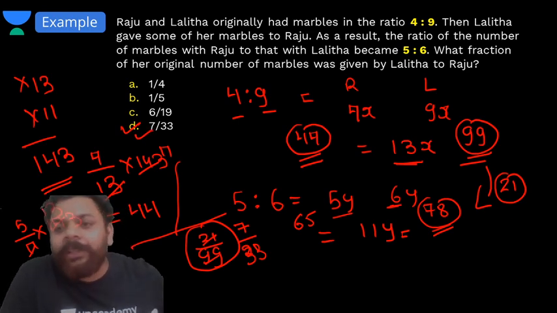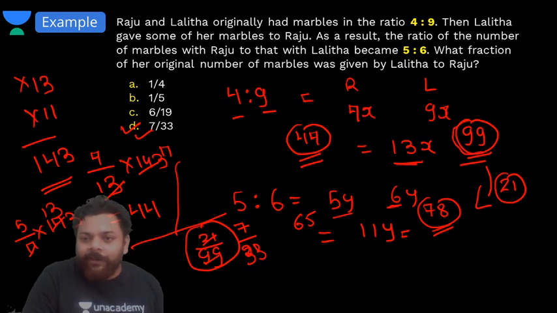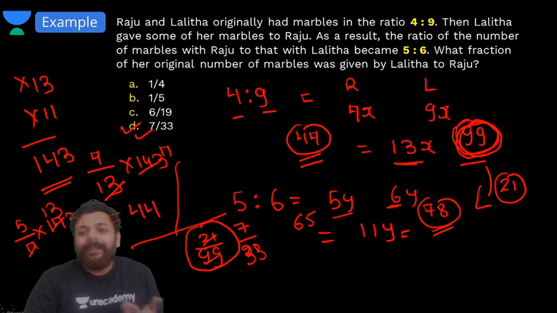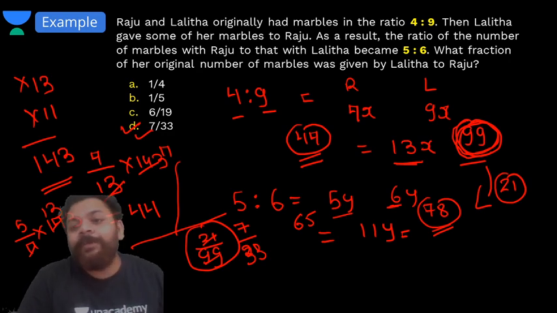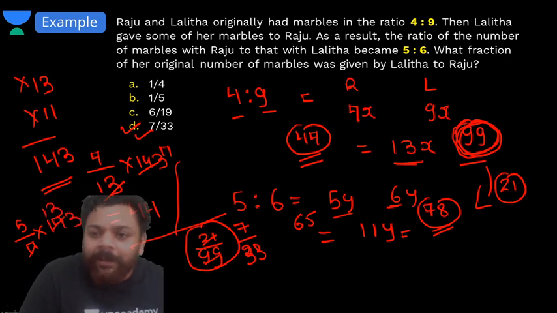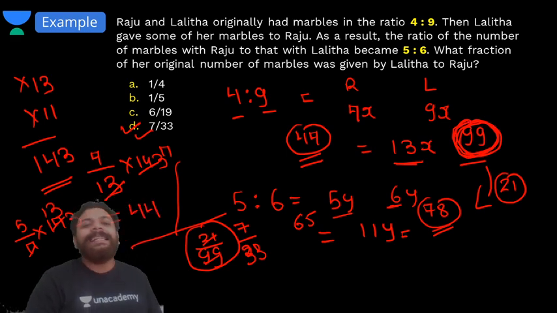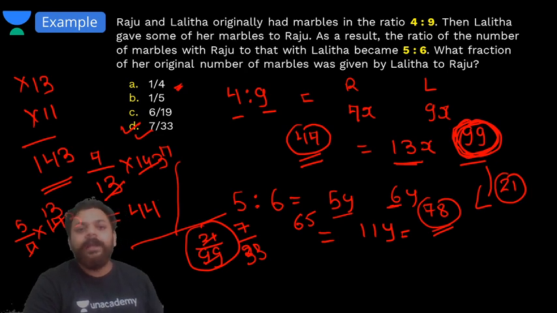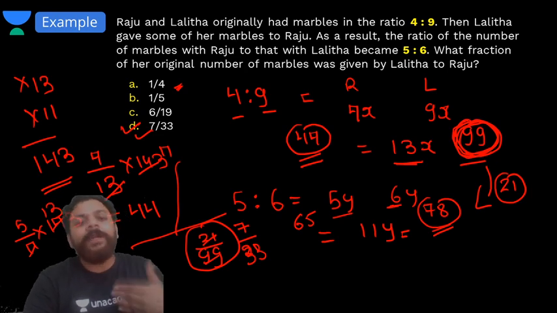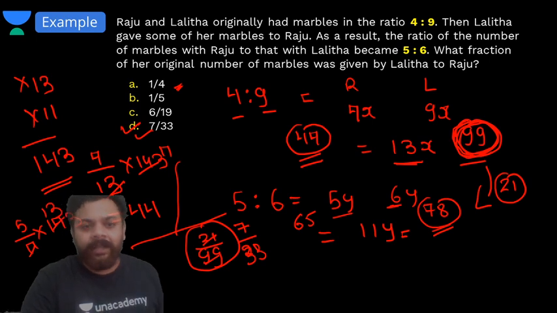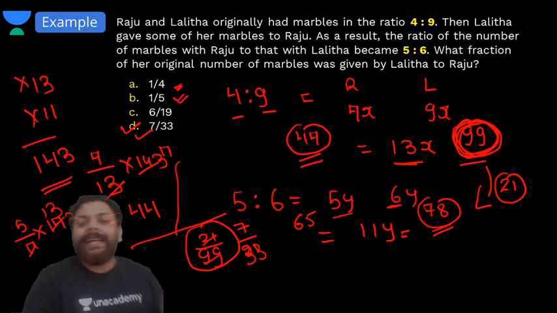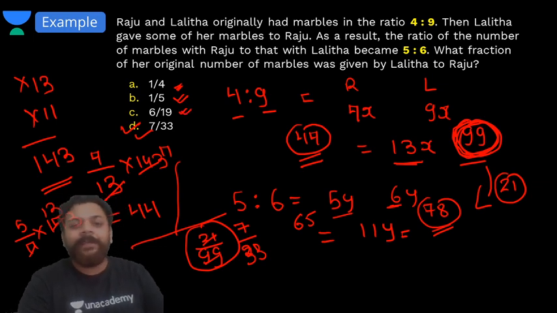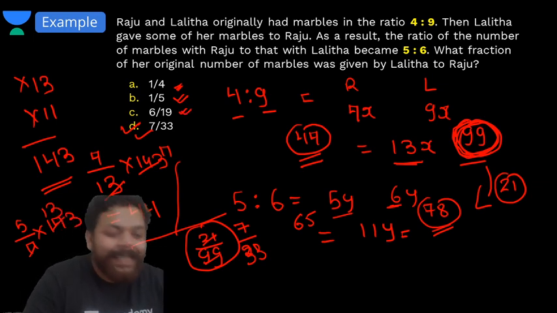One more thing that you can do: since the total number of marbles with Lalita is 99, this is the perception that I want from you guys. Since the total is 99, 4 is not a factor of 99; 99 will not come in the table of 4, and 99 will not come in the table of 5. Multiply 19 by any integer, you will not get 99.